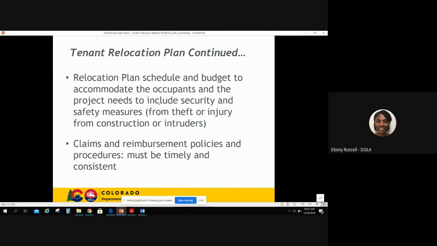It must schedule and budget to accommodate the occupants' project needs, to include safety measures from theft, injury, or construction. And then there must be a plan for claims for reimbursement, and those reimbursements and claims must be timely and consistent.